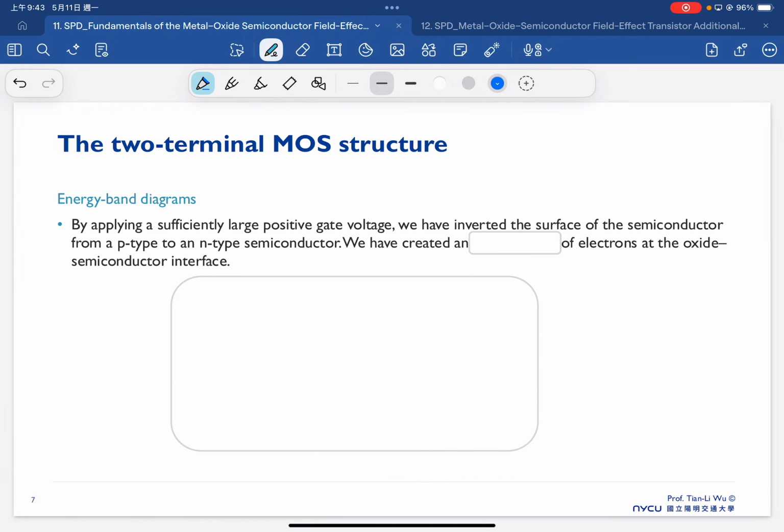Okay, so the previous slide talked about the bias under a small gate bias. But if we apply a sufficiently large positive bias, then we have inverted the surface of the semiconductor from p-type to n-type.